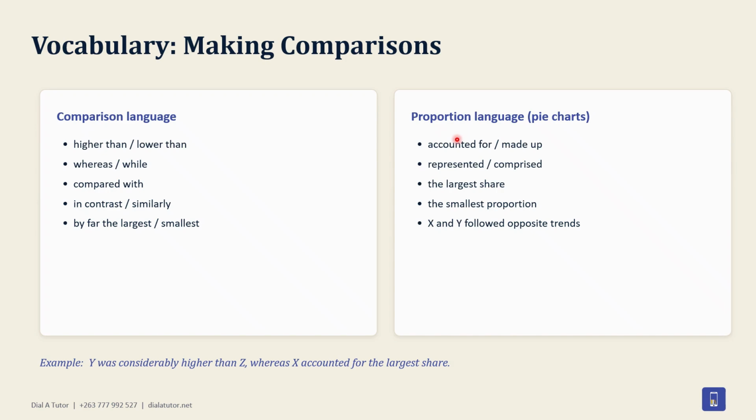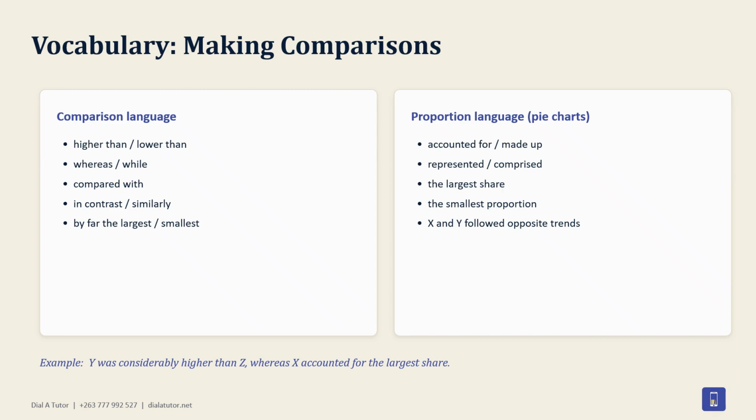You could say, if there is housing, housing accounted for about 50% of the budget, and then you could mention something else that was the largest share. If something was very small, you can say entertainment had the smallest proportion. But this will take a little bit of time with practice.